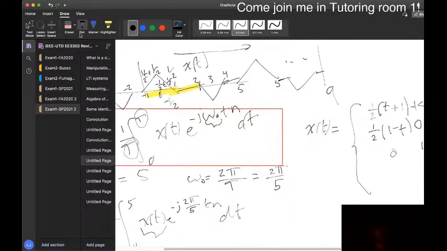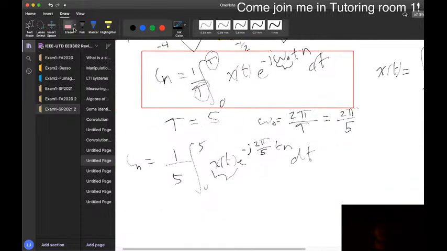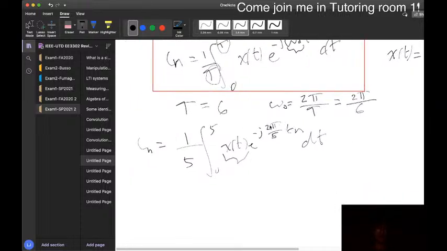So this would give us 6, 6. Then this would be 1/3 pi, pi over 3.